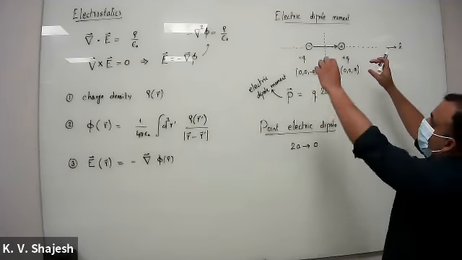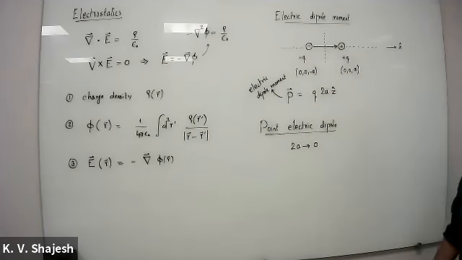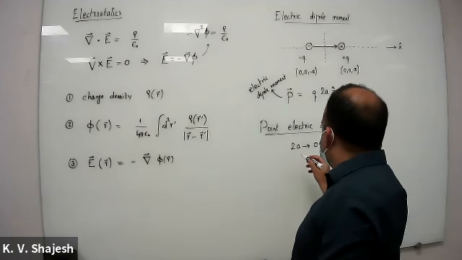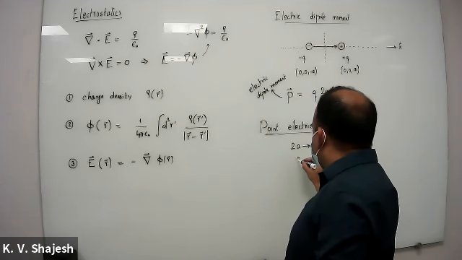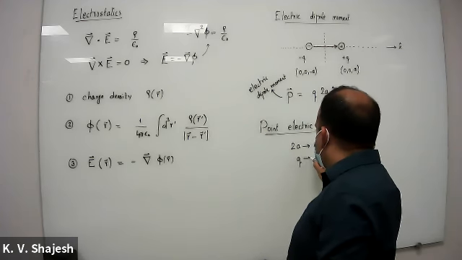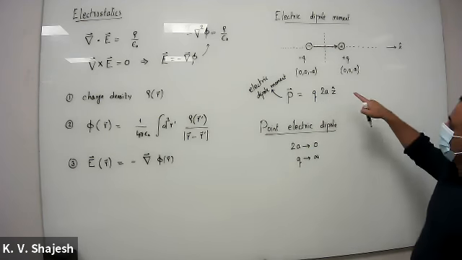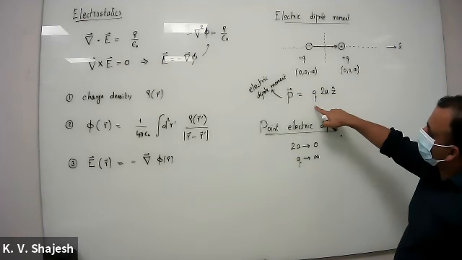So that means the distance between the charges is 0, and the charges plus Q and minus Q come together. But you want to set Q tends to infinity. So this is 0, but that's infinity.